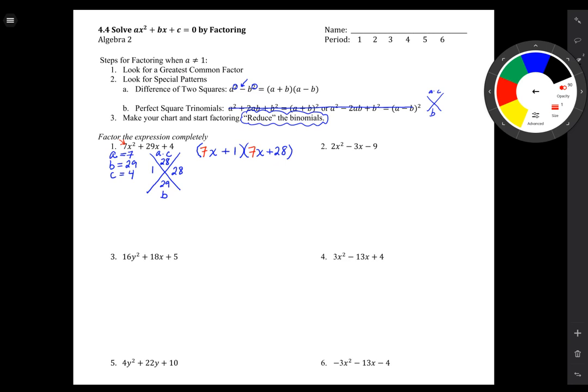The second thing, and that's the only other thing, is you have to simplify each of those expressions. So 7x plus 1 does not have a common factor. You cannot divide by anything to make it any smaller. But 7x plus 28 does. You can divide both of these terms by 7. It has to be the largest number, it can't be the smallest number. So that leaves us with our final answer.